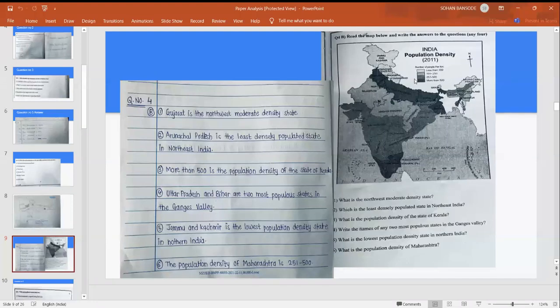It is matching to 251 to 500. So the population density of Maharashtra is 251 to 500 persons per square kilometer. Hope you understood how you are going to write the answer and how you are going to find the answers.